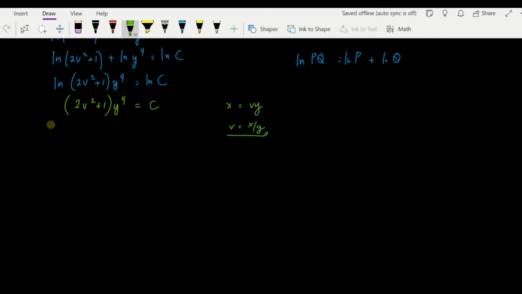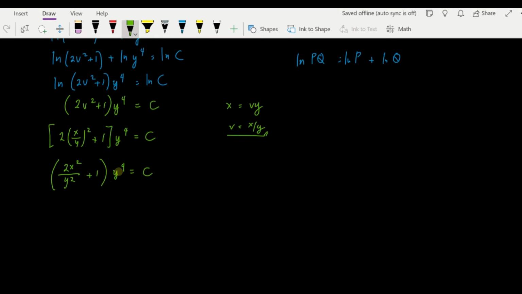So that becomes 2 times the value of v, which is x over y, squared plus 1 times y to the 4th equals c. Then magiging 2x squared all over y squared plus 1 times y to the 4th equals c.